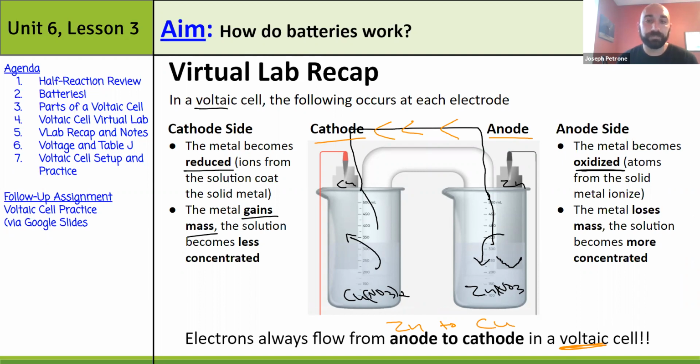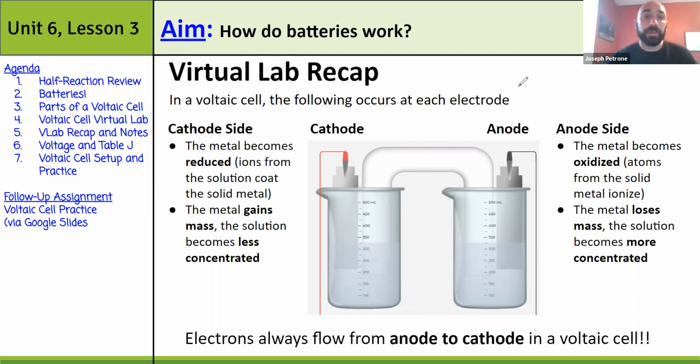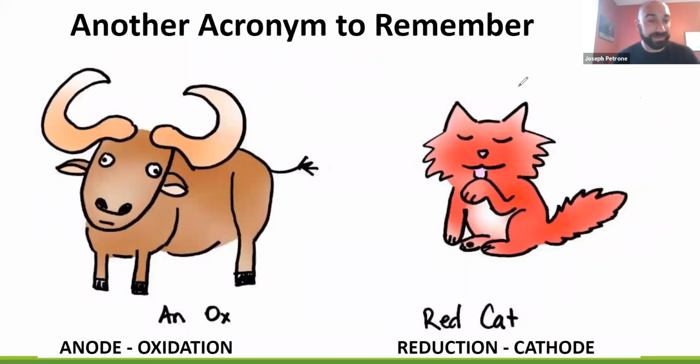All right, so here's a setup. Then we've got a little thing that'll help you remember some of this information. So I'm going to clear that and jump to it. You may recall that the first little set of acronyms we learned for this unit was LEO the lion goes GER, and that's to indicate that when we lose electrons, that's oxidation, and gaining electrons is reduction.